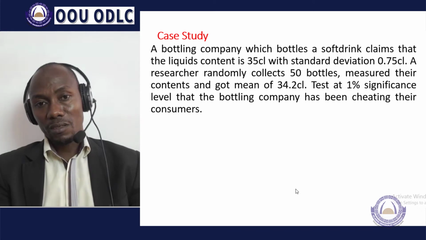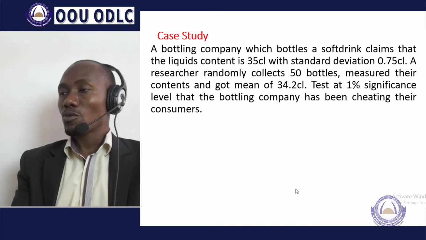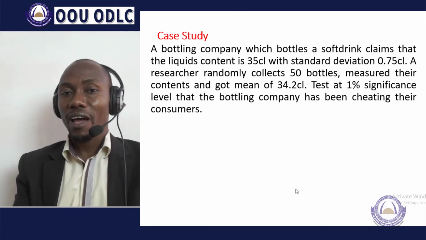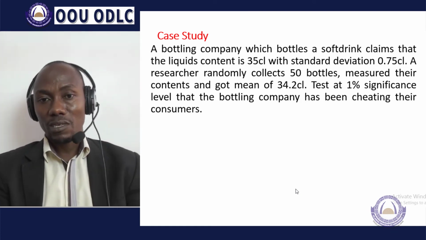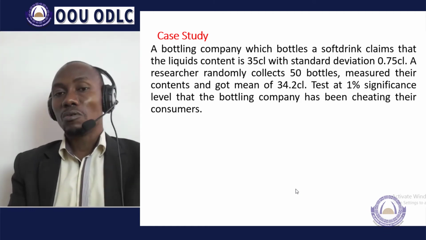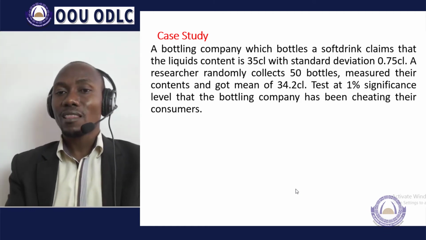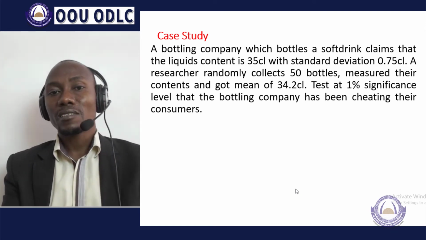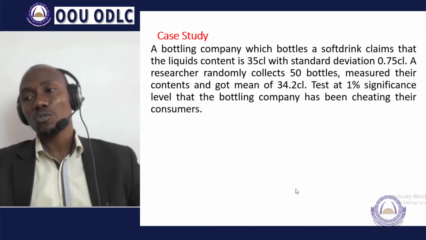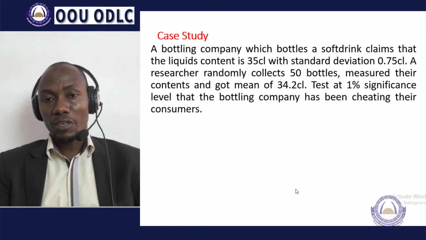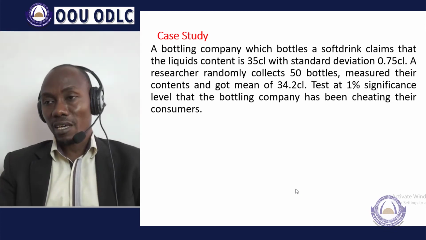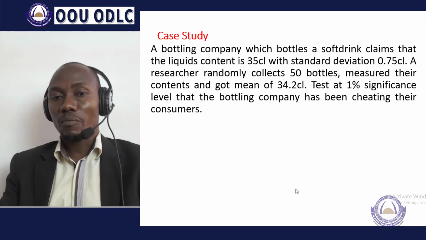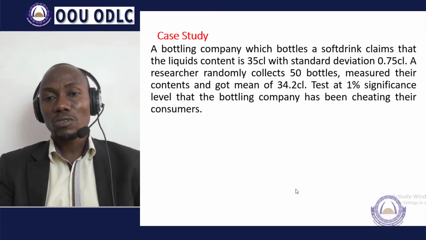A bottling company, for example, who bottles soft drink for consumers, claims to have 35 cl quantity in the bottle which she produces, with standard deviation of 0.75 cl. A researcher randomly collected 50 bottles of the product from this company, measured the contents and realized on average the bottle has 34.2 cl content.